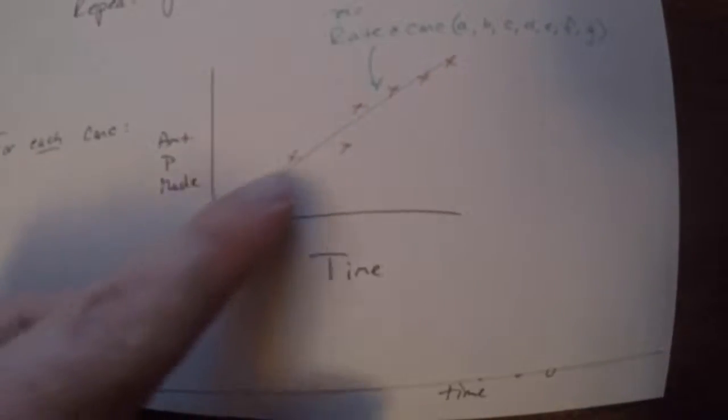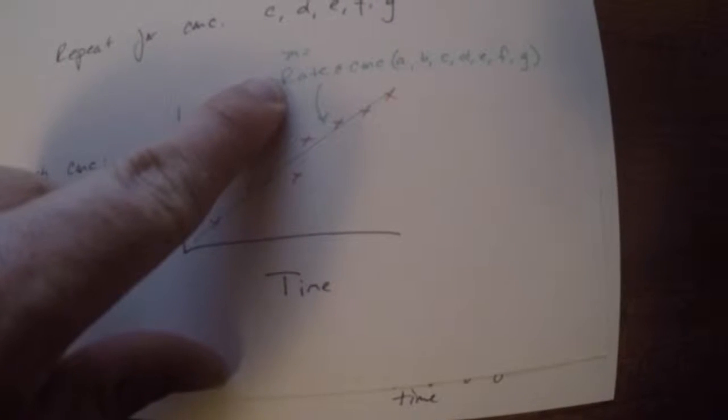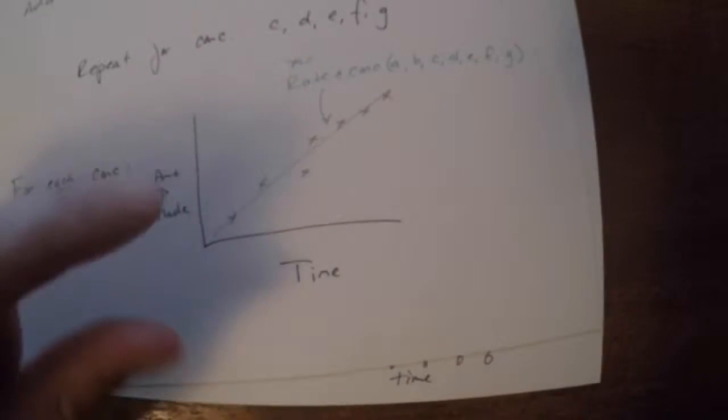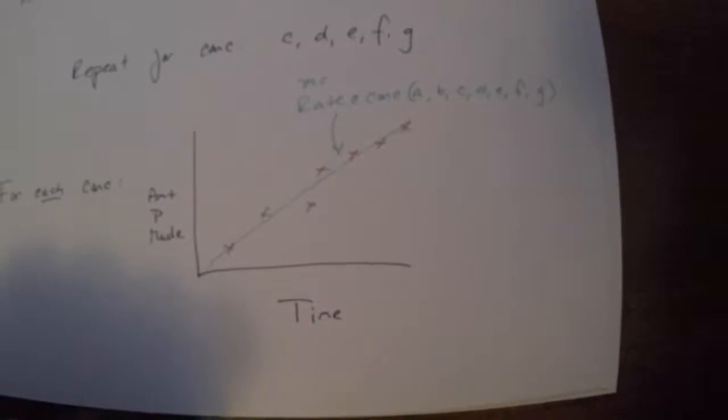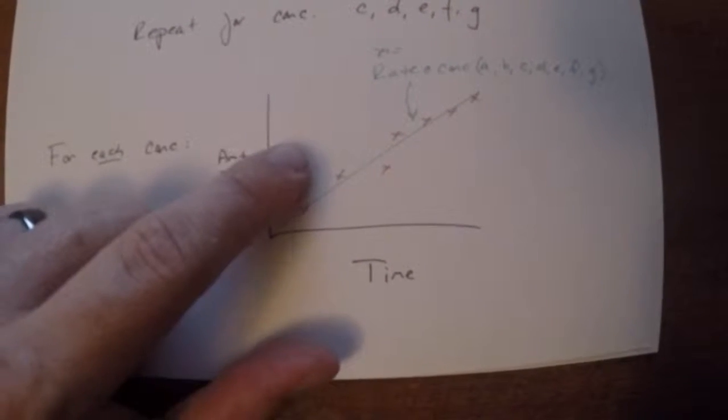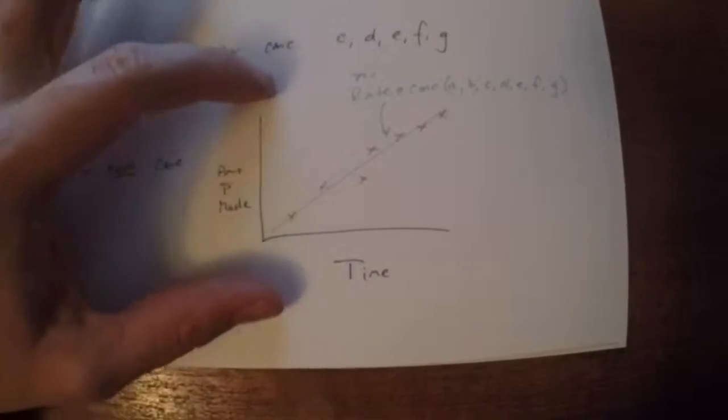You then get a line of best fit. The slope of the line of best fit turns out to be the rate for concentration A if this graph is made from the first round, or for concentration G if this turned out to be the 7th round, whatever. So you make one of these graphs for every single round that you do.